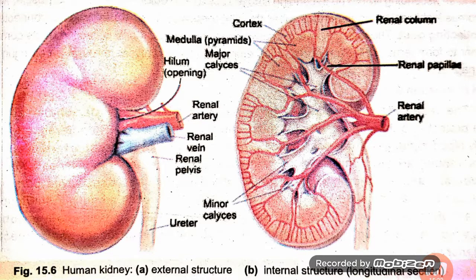Now, if we talk about the internal structure of the kidney, that is called the renal medulla. It contains the cone-shaped structures which are called the renal pyramids. These renal pyramids contain millions of structures which are called nephrons.